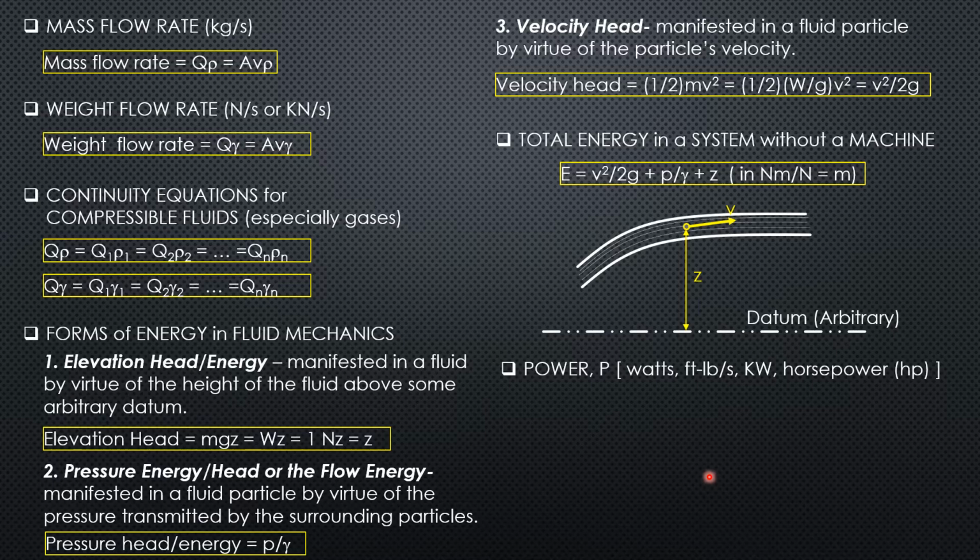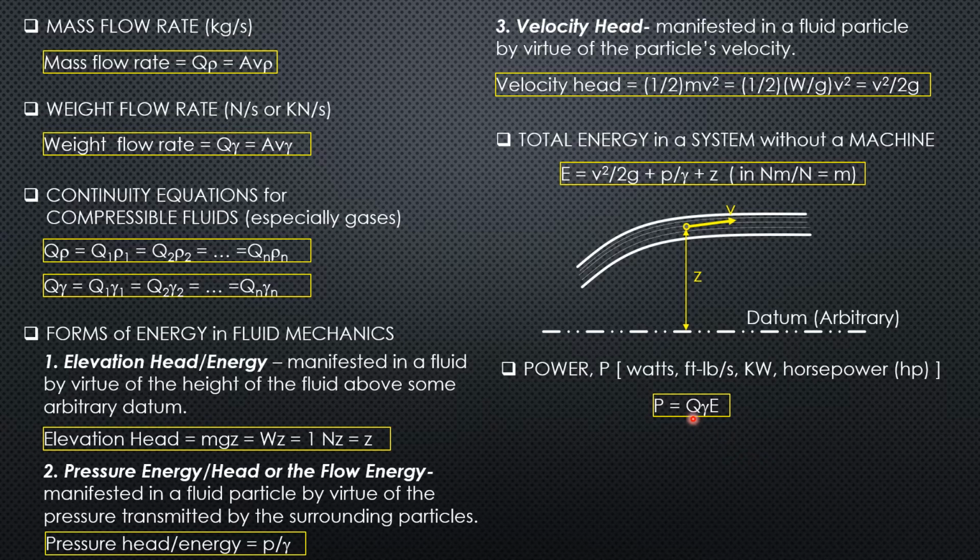If those forms are available, then power denoted by P, units will be in watts, foot-pound per second in English system, kilowatts, where 1 kilowatt is 1000 watts, or in horsepower. So power is weight flow rate times the energy. If Q is in cubic meter per second, gamma in newtons per cubic meter, and energy in meter, that would give us Newton meter per second or watts.